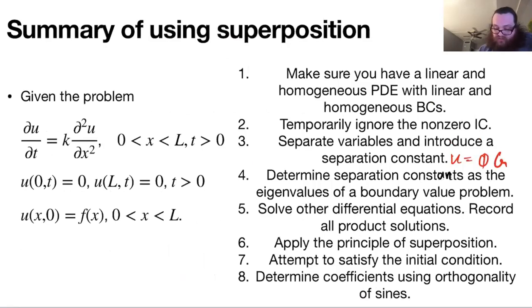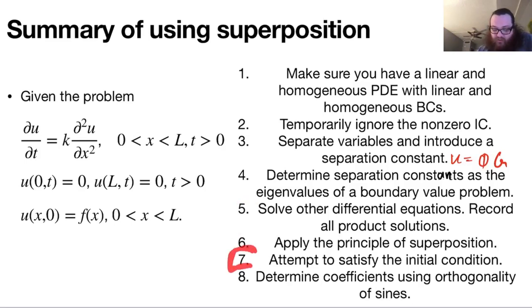So this step is saying solve for phi, and then figure out which lambdas work. Solve for the time piece, solve for g. That's going to give you your product solutions. Apply the principle of superposition to add all these product solutions together and get this most general solution.